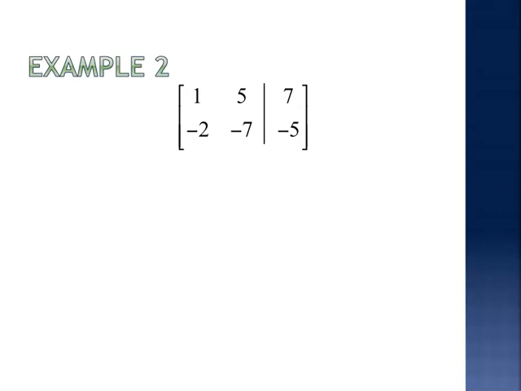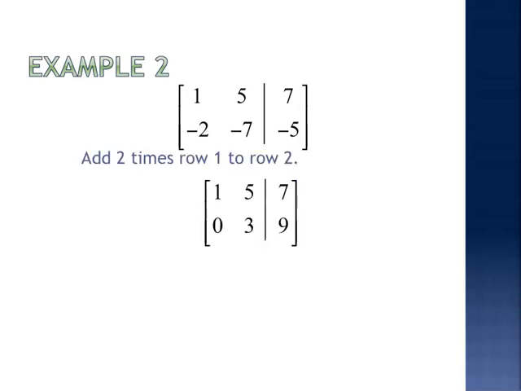So if I multiply the first row by 2, I would have 2, 10, and 14. I'm going to add 2, 10, and 14 to -2, -7, -5. That gives me 0, +3, and +9. So now I have the 1 and the 0 where I want them to be.